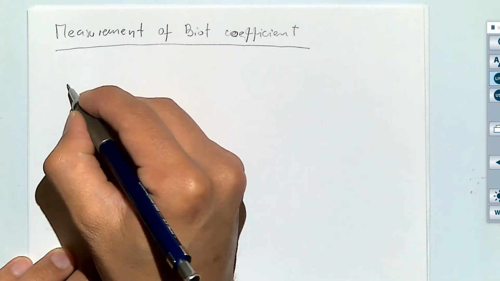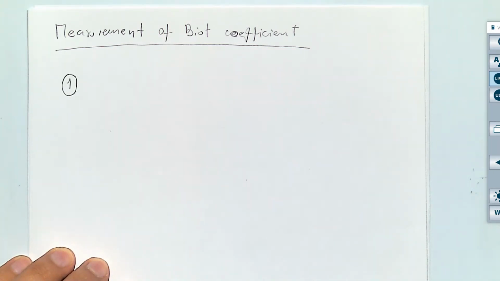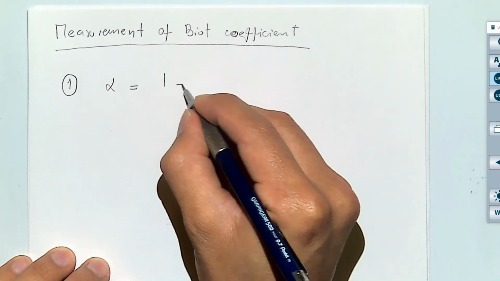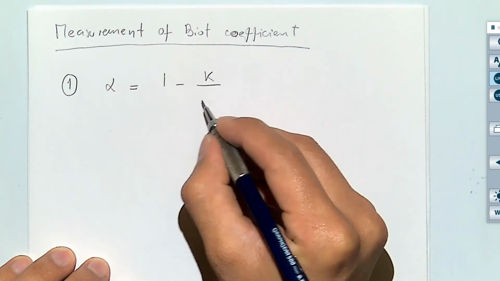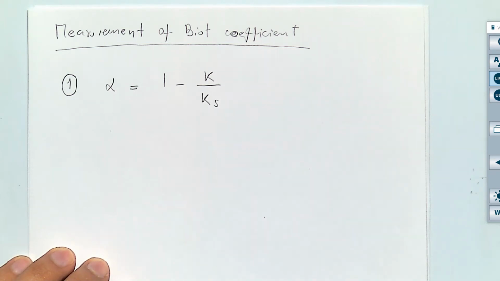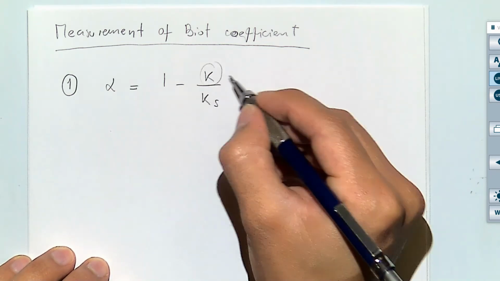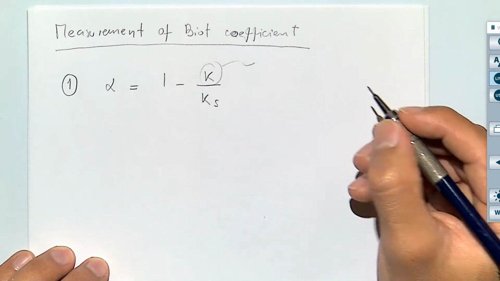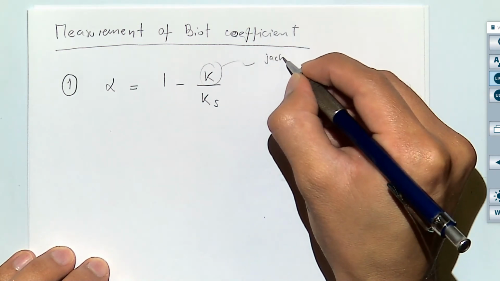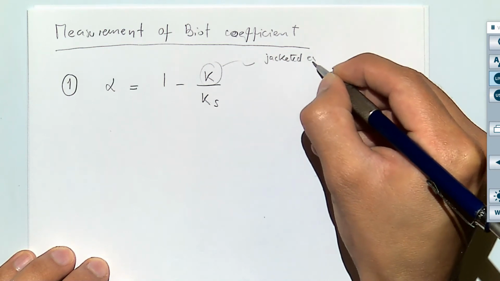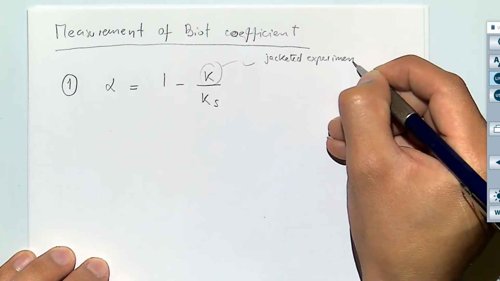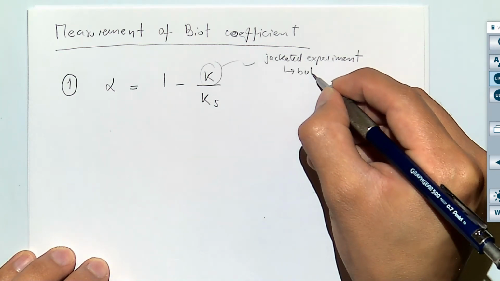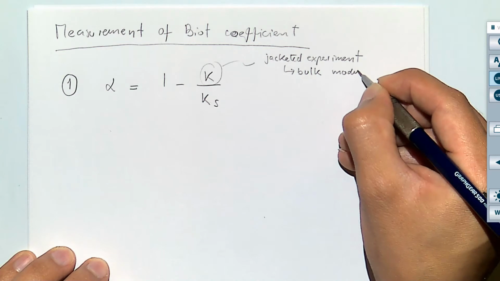So the first method, in order to measure the Biot coefficient, is that we simply use what we just used before. And we measure K with a jacketed experiment in a triaxial cell, and from this one we measure the bulk modulus.